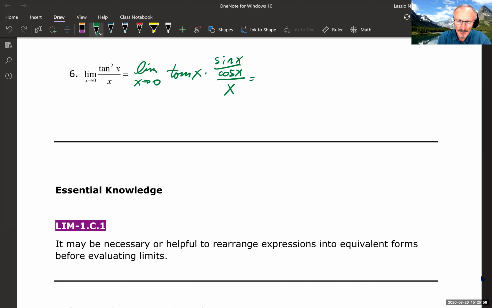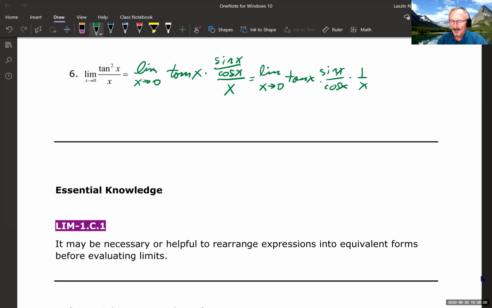Perhaps we could rewrite this as a limit as x approaches 0 for the tangent of x. And then division by x is the same thing as multiplication by the reciprocal. And so that would give you the sine of x over cosine of x times 1 over x.